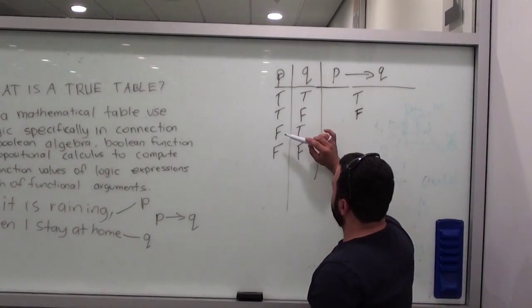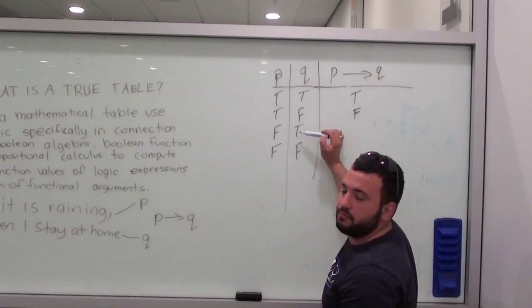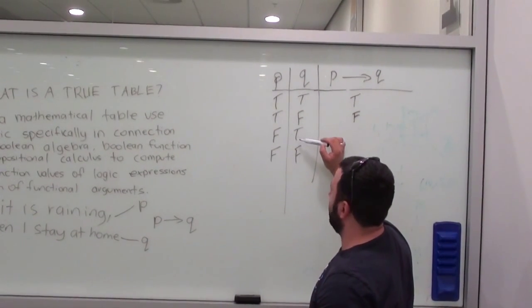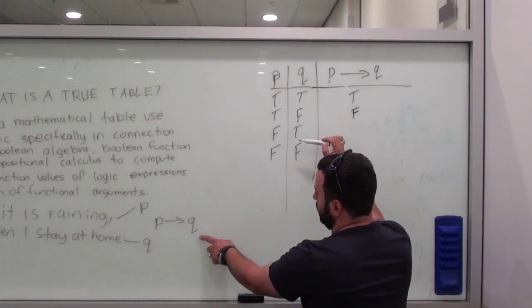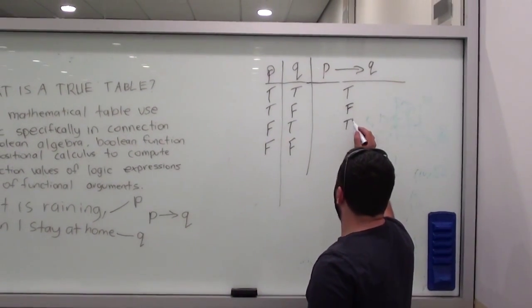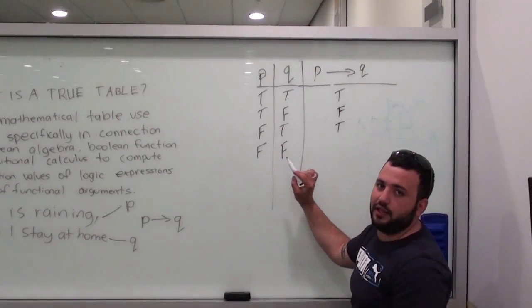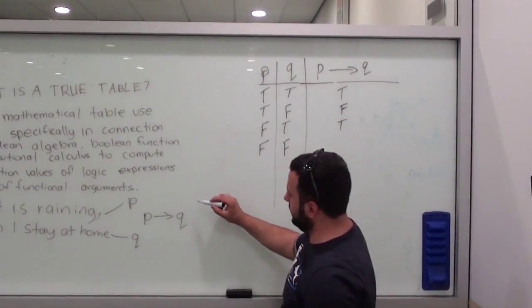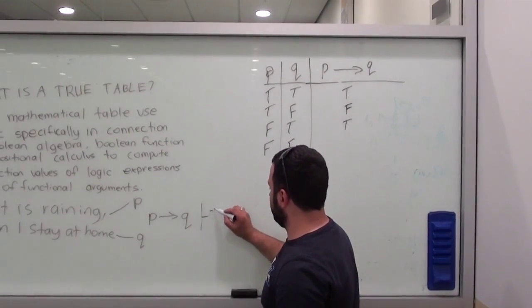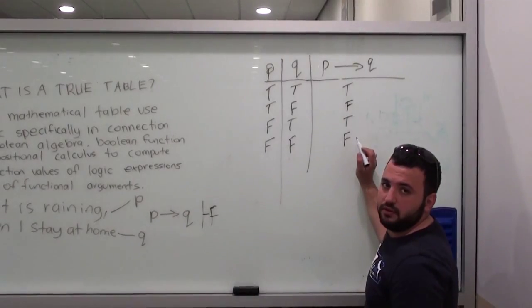And then the next one says, it's false, but I stayed at home. So it didn't rain, but I stayed at home, which ends up true. And the fourth one, it didn't rain, and I didn't stay at home. So the whole sentence was based on false. So we put here, false.